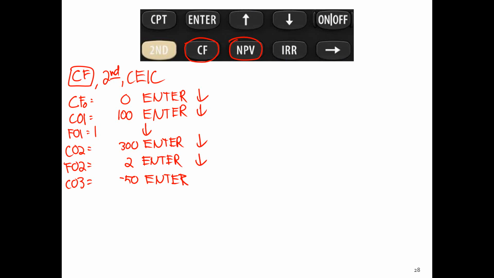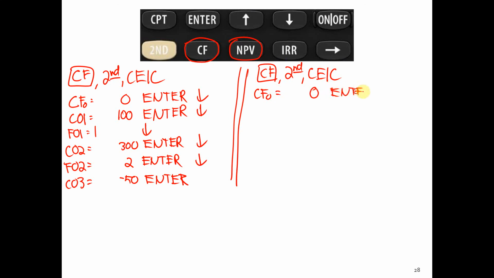The alternative way that we did this was type in all of the cash flows individually, directly, and so the first step is the same. Hit the CF button, second function, clear. We put in a 0 cash flow for year 0, scroll down.